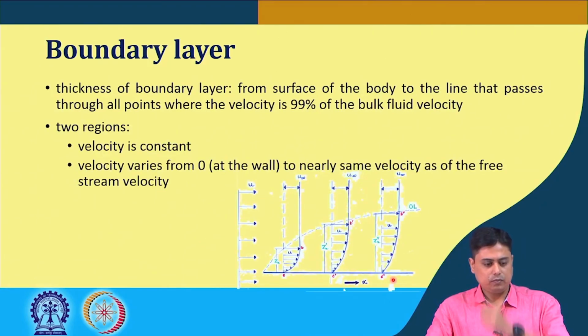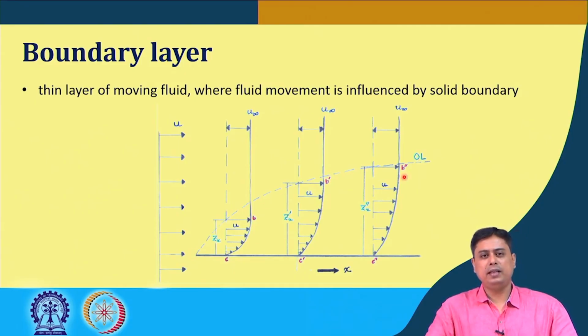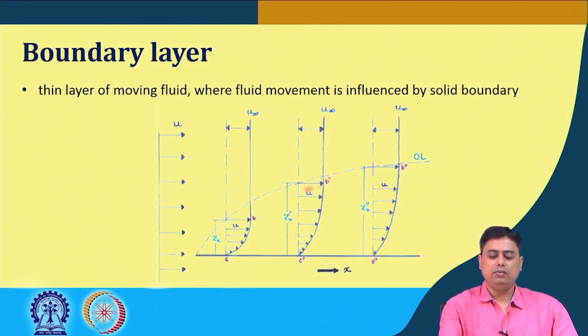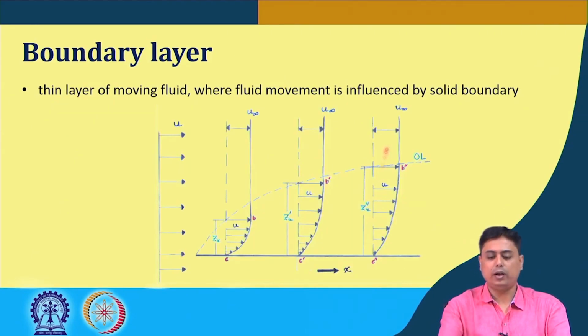This imaginary line we call the boundary layer, and this is the thickness of the boundary layer. So the boundary layer divides the fluid flow region into two segments: one where velocity is influenced by the solid boundary, and the other where it is nearly constant.